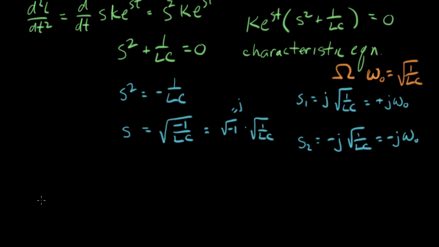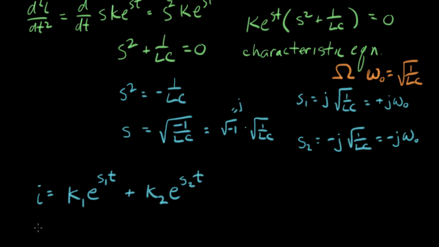So when we combine these into a solution for I, we're going to use a combination of these two. We don't know which one it is. It could be both, so they could be superimposed on each other, and this is what superposition is for. We'll have two constants: I equals K1 e to the S1 t plus K2 e to the S2 t.